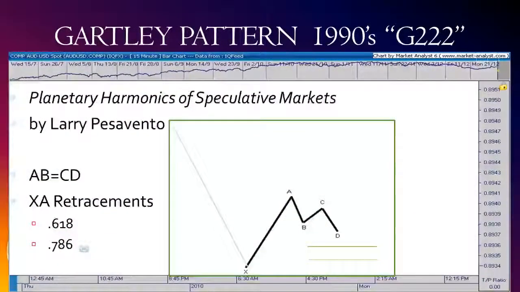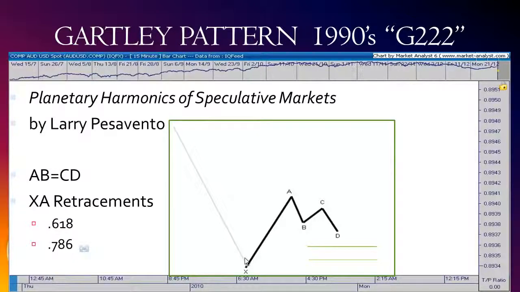Now after Astro Cycles, Larry published Planetary Harmonics of Speculative Markets. And in this example here, in the green square, he has a picture of what he calls a Gartley pattern, and now he's changed the labels where we have X, A, B, C, D. The other thing that's missing from the previous illustration is the significant leg down for the bullish trade setup.